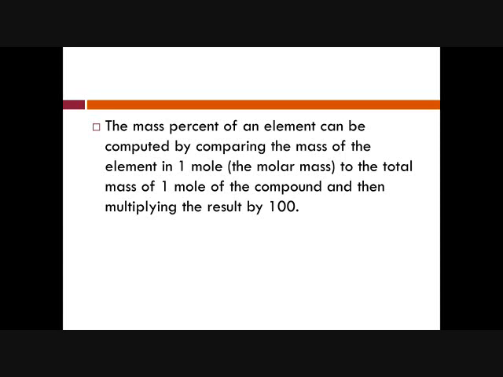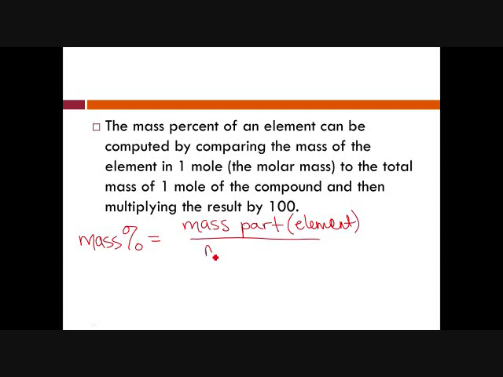Do I have an equation for you? No. But if you needed an equation, the mass percent would equal the mass of the part, which could be an element, over the mass of the total compound, times 100.